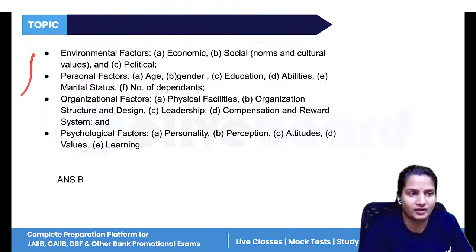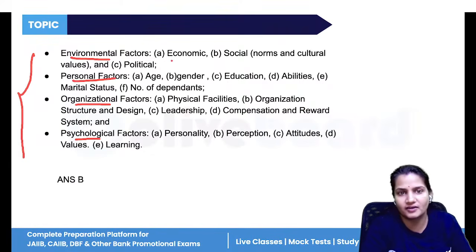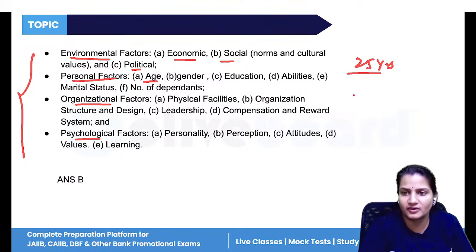You have to remember which point will come under which factors. Environmental factors are economic, social, political. Personal factors, age. If in your bank a 25-year-old person is working and a 50-year-old person is also working, both will have different mindset, different thought process, different perception.